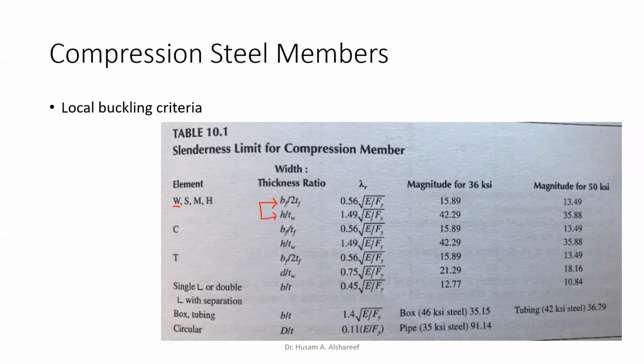And the second one is h over tw, which is the web over the thickness of the web, and the lambda value is found from this equation, which is 1.49 times the radical of the modulus of elasticity over Fy. The magnitude for 36 ksi is this. The magnitude for 50 ksi is what you see here. And the same applies for the rest of the shapes.